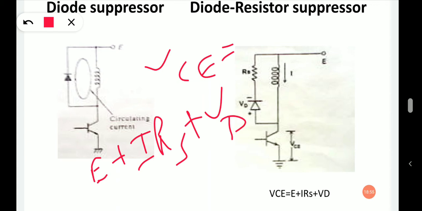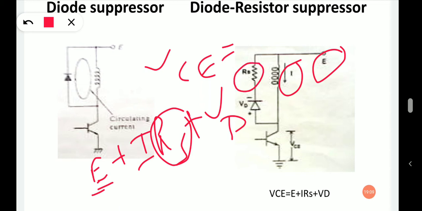Where E is the supply potential, I is the current before turning off, RS is the resistance of the suppressor resistor, and VD is the forward potential of the diode.